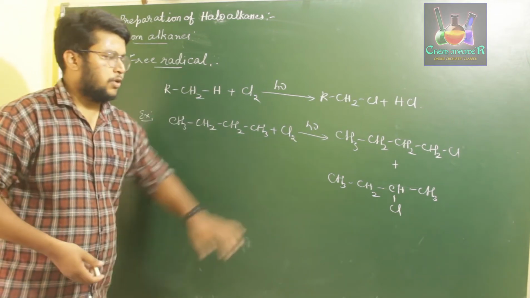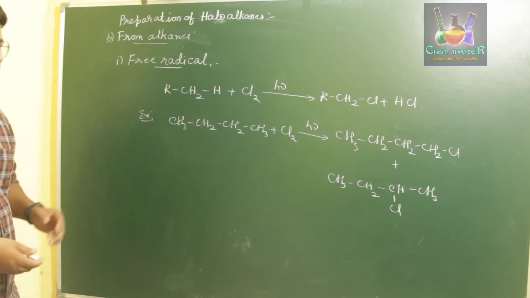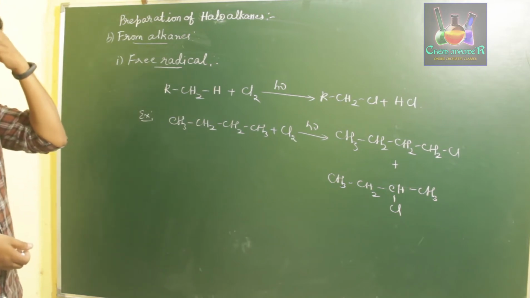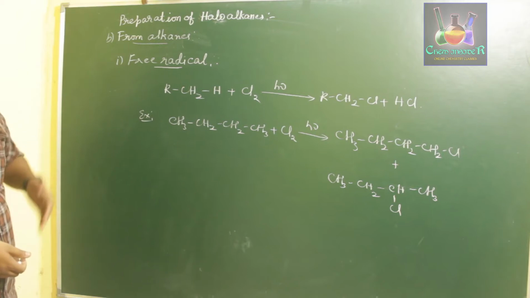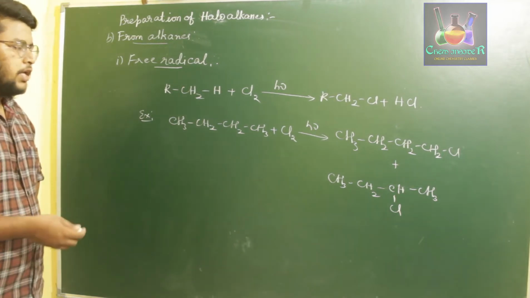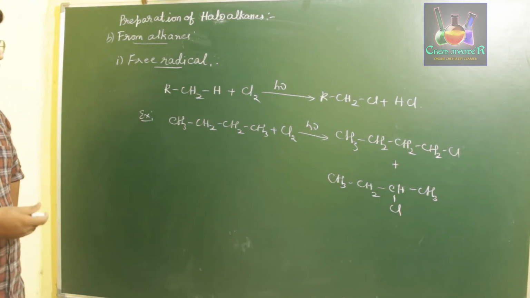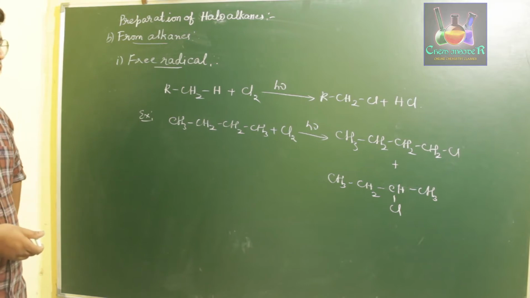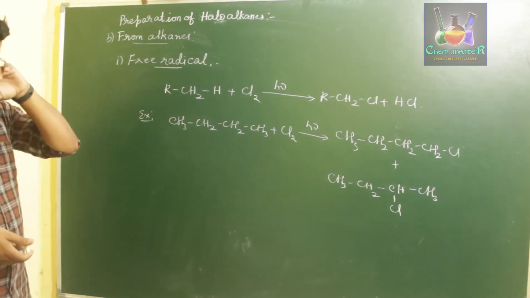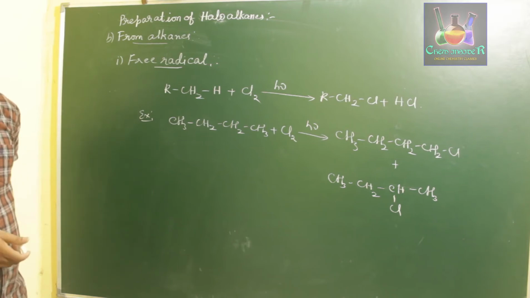These two types of products are called isomers, where they have the same molecular formula but different structural formula. So whenever you treat chlorine with an alkane of more than 3 carbon atoms, we get more than one isomer of that particular alkane.